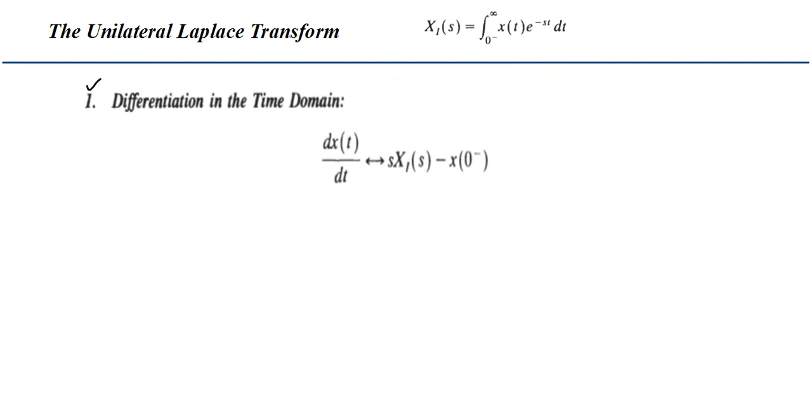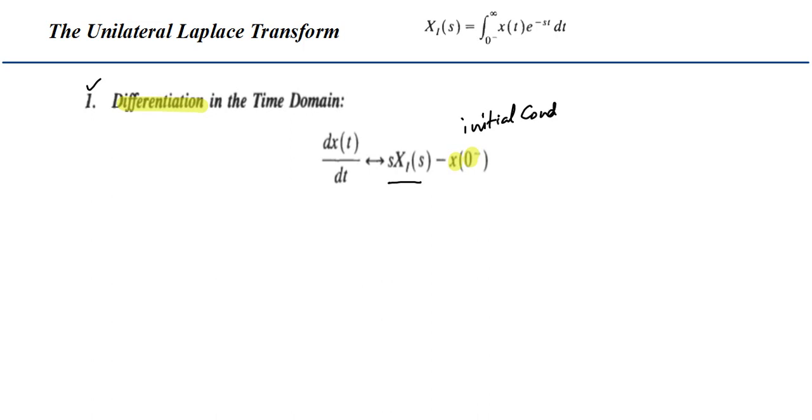If we take the differentiation property in the time domain, in the bilateral Laplace transform it's only s into X of s. But in this particular case you need to write one more term, minus x of 0.